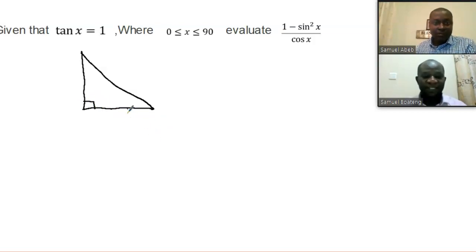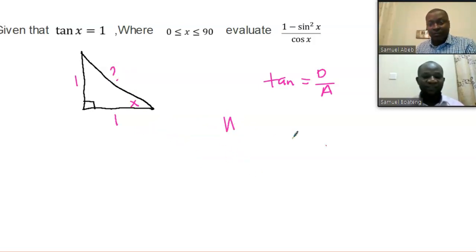Tan of any acute angle is the opposite side over the adjacent. So tan x is equal to 1, which means the opposite side is 1 and the adjacent is 1. So we can now find the hypotenuse.